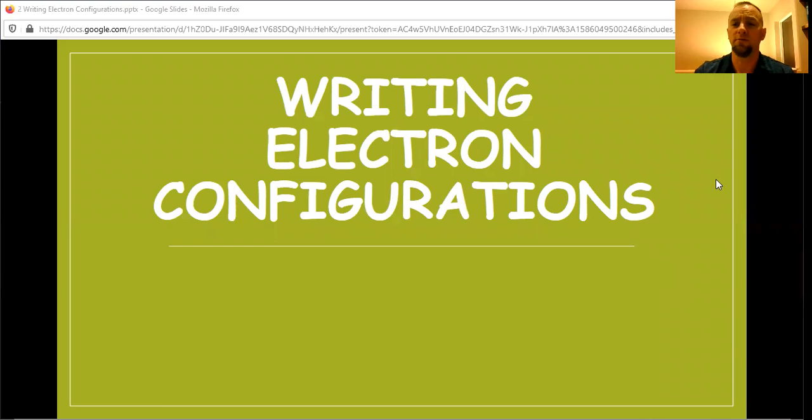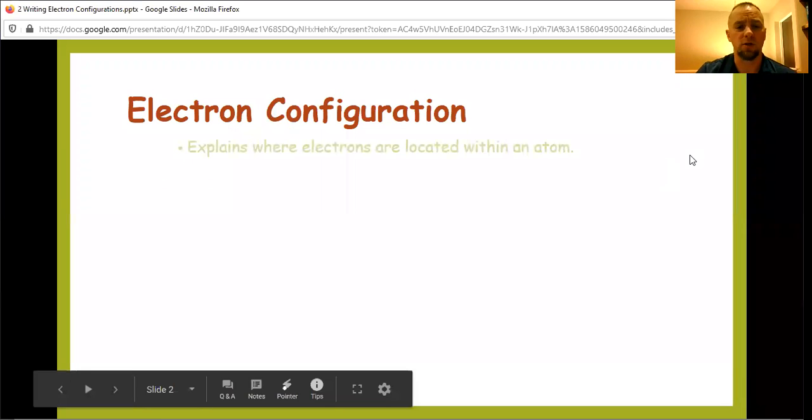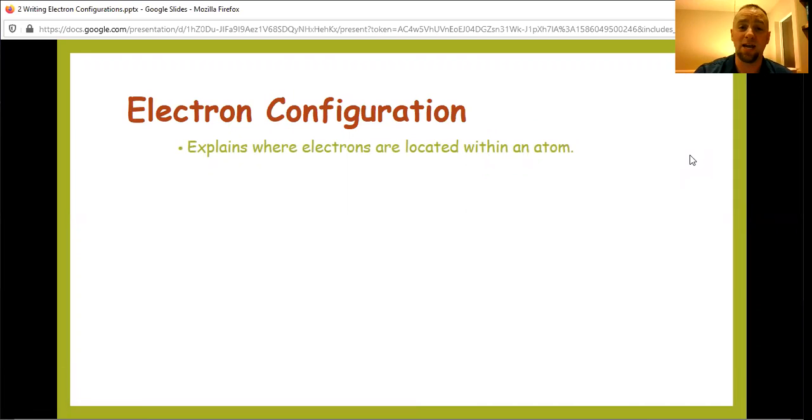So, writing electron configurations. An electron configuration does a few things for us. It explains where electrons are located within an atom. If you remember from our last lesson, we were talking about the different atomic models that have been presented over the years.